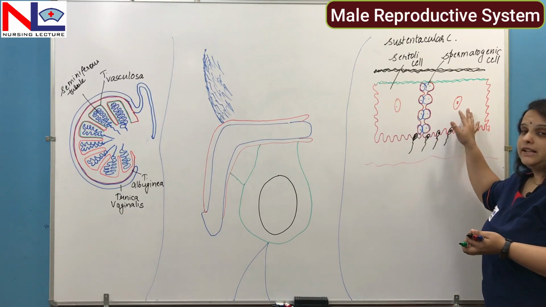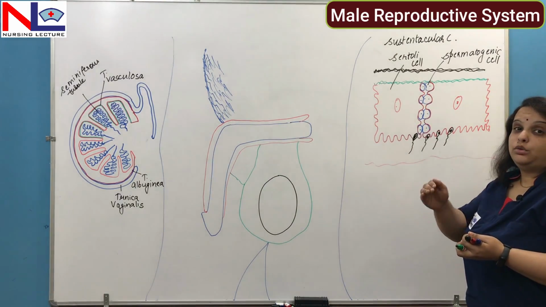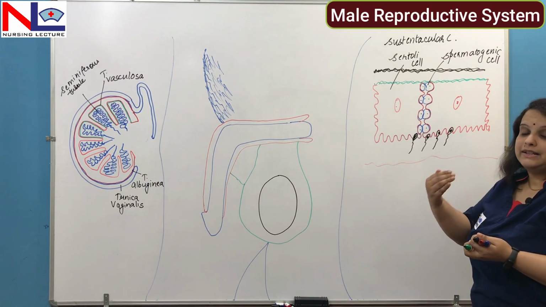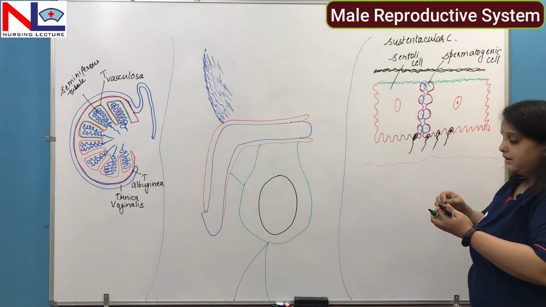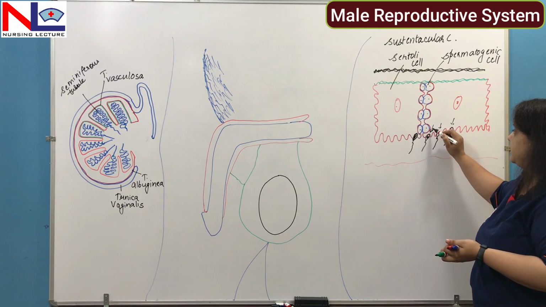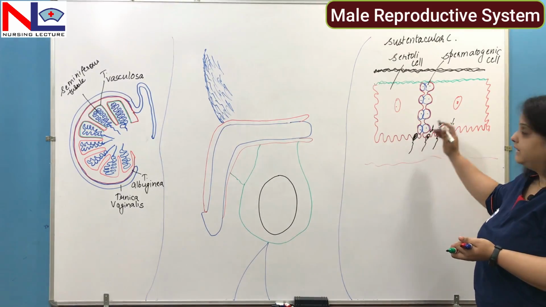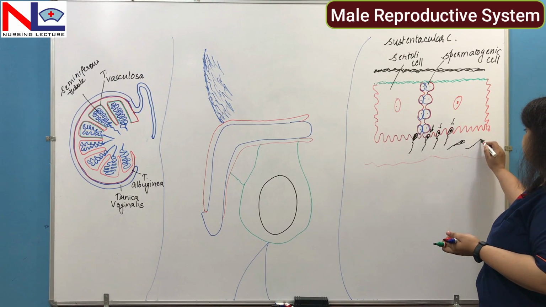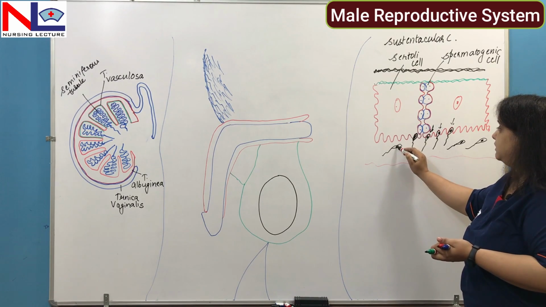So altogether these allow the spermatogenic cells to undergo various developmental stages like spermatogonia, primary spermatocyte, secondary spermatocyte, then spermatids and mature sperms. Along with that, they also release some fluid that pushes the sperm, which are attached to the wall, to enter the lumen and move along the tract.